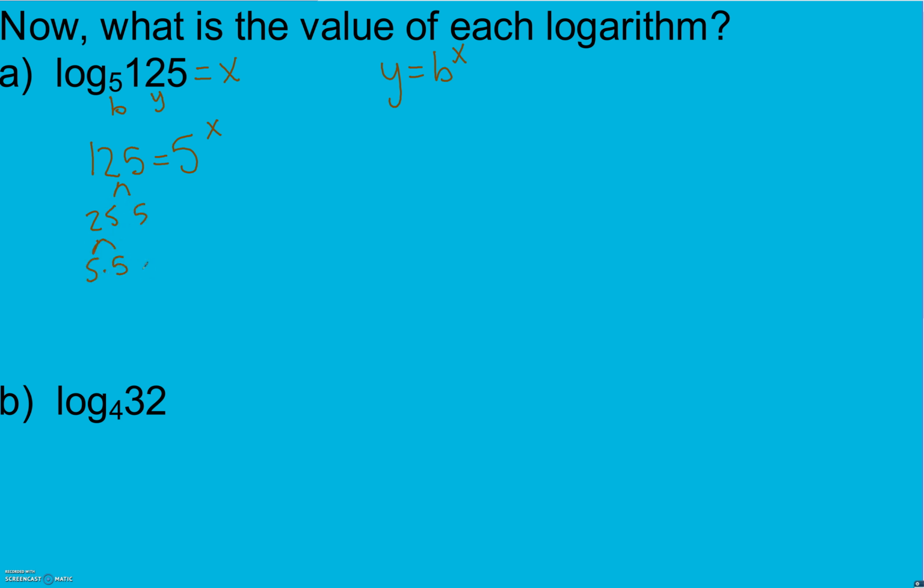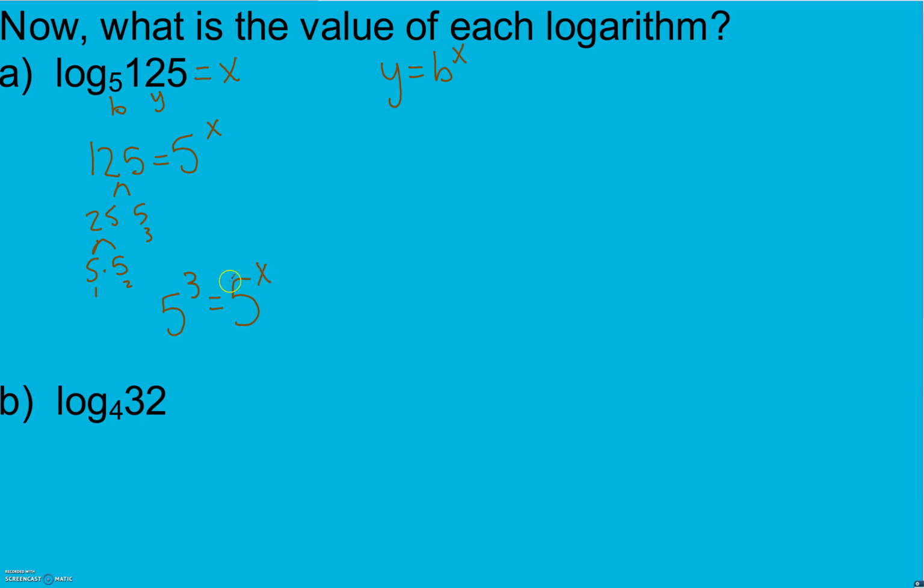And remember, we're trying to get these both to be the same base. So on my left-hand side, I have 5 to the 3rd power, 5 cubed, equals 5 to the x power.